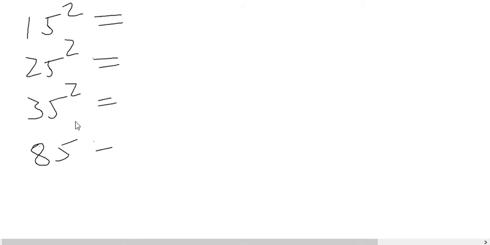So what we do here for any two-digit number ending with 5: we write the number 1 as it is, then the number after 1, we multiply it, 1 into 2, which is 2.